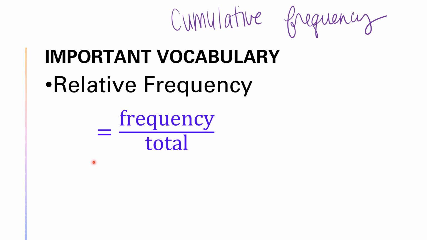Very simple formula for relative frequency. It's just the frequency divided by the total. The total is adding up all of the people that were in your data set. How many people did you survey?